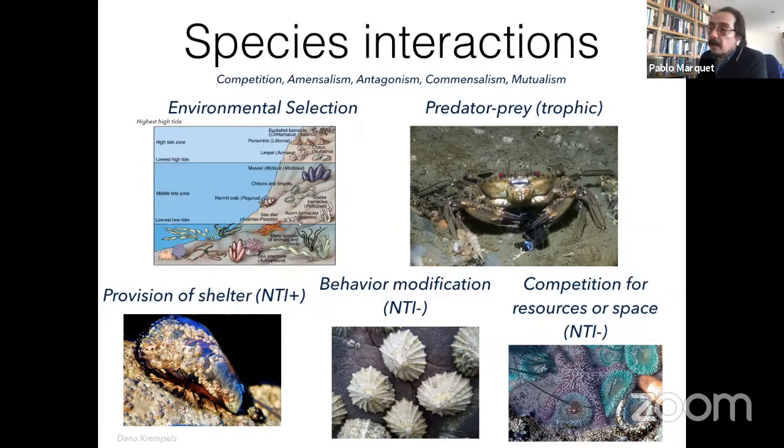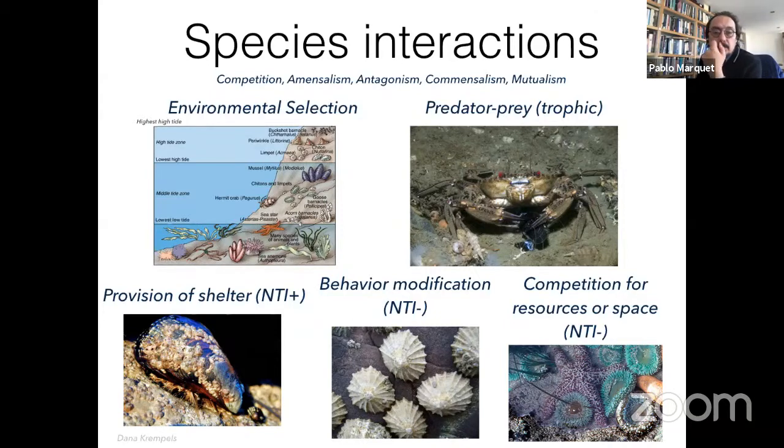Then you have the middle intertidal zone, which is fluctuating. On high tide it's covered with water, but at low tide it's not. And then you have the high intertidal zone, which is not covered by water, but it's very close to the water, so you get all the spray, all the waves and so on. So you have an environmental gradient.